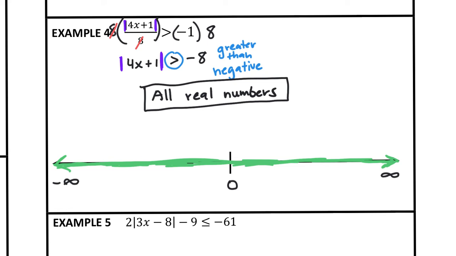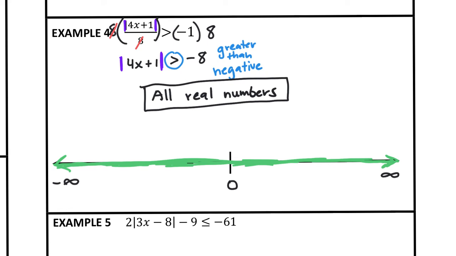So if all real numbers is my answer, then my answer is from negative infinity to positive infinity. And again, this happens when we have a greater than symbol, and it's greater than a negative number.